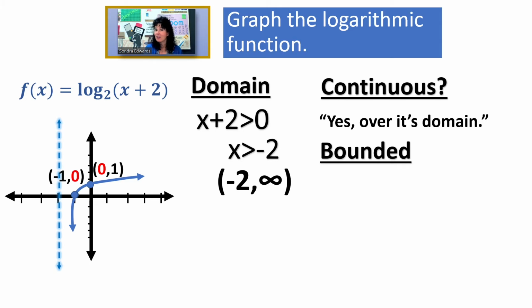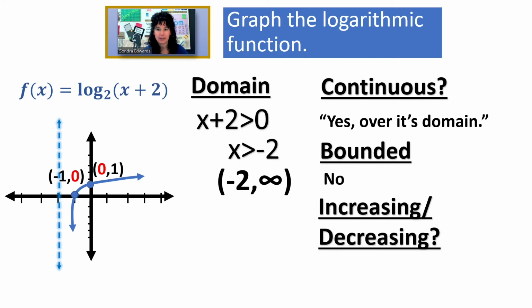Bounded. You can't find a logarithm that is bounded, okay? None of them are bounded. This graph goes forever up and forever down. We can't put a floor and a ceiling that will contain the function. So not bounded. Increasing, decreasing. Log functions are either all increasing or all decreasing depending on how we shifted these around or reflected.